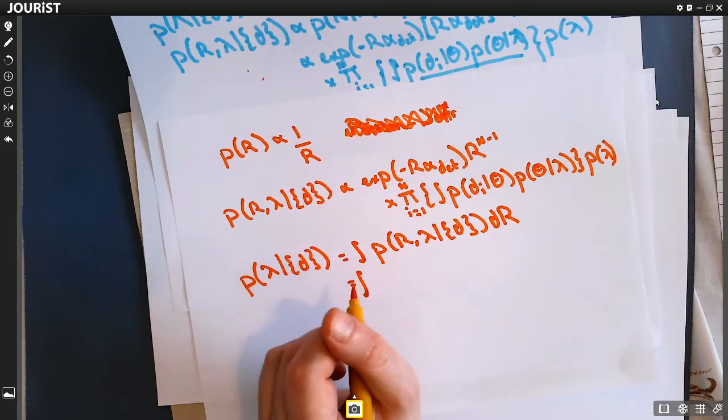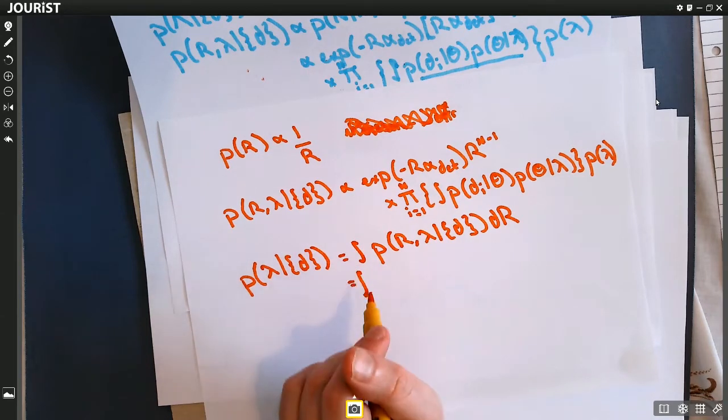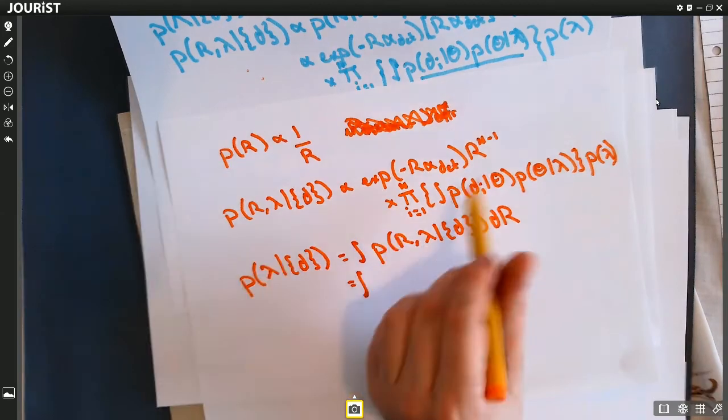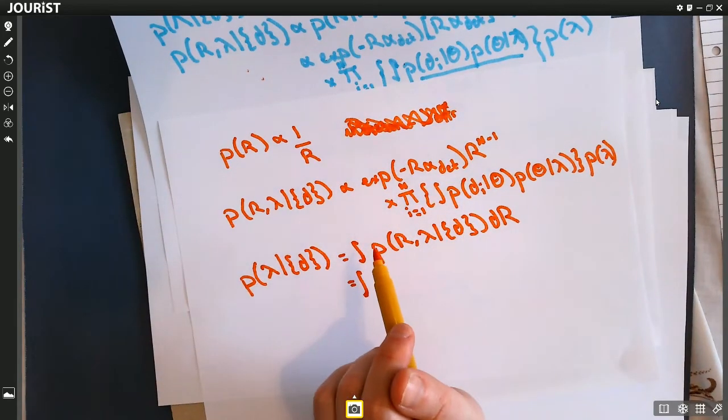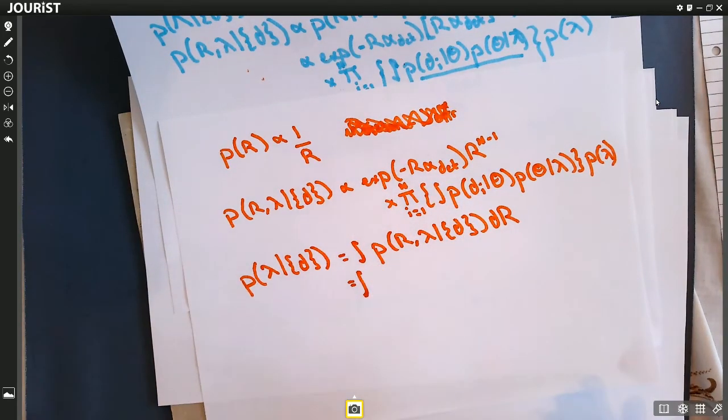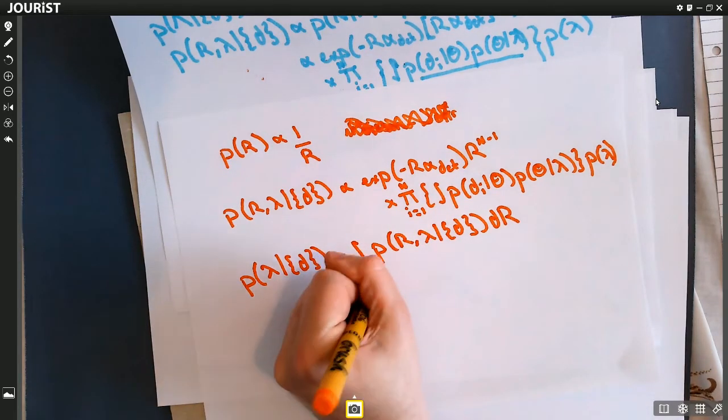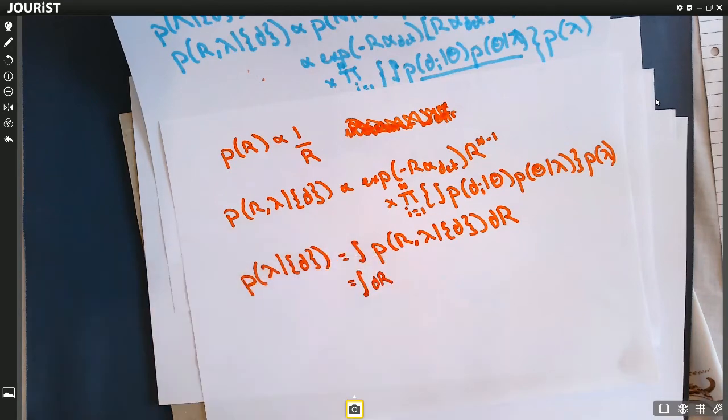To do this, it actually makes life a little easier to substitute some things back out. We simplified this a little bit, I'm now going to complicate it a little bit, but trust me, it will get easier at the end. So I'm going to move my dr to the front here so I don't forget it and leave this integral unclosed.